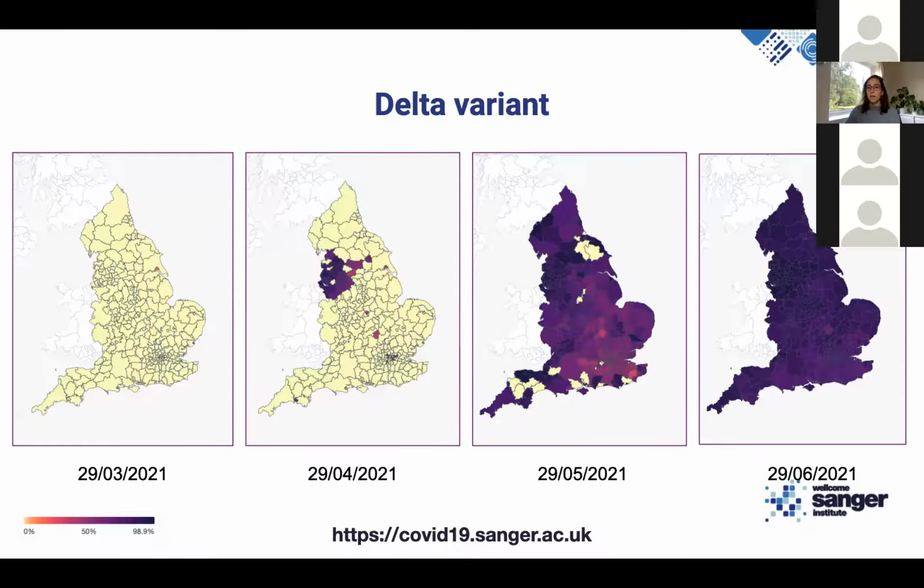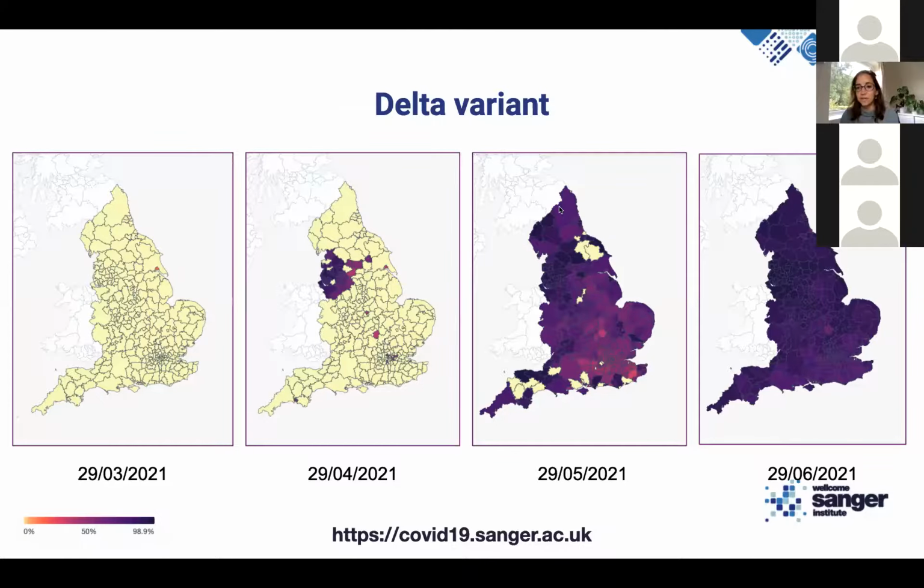For example, here on the Delta variant use case, at the end of March, on this plot, you can see in yellow very low prevalence of the Delta variant. One month later, we started to see a little bit of a cluster.